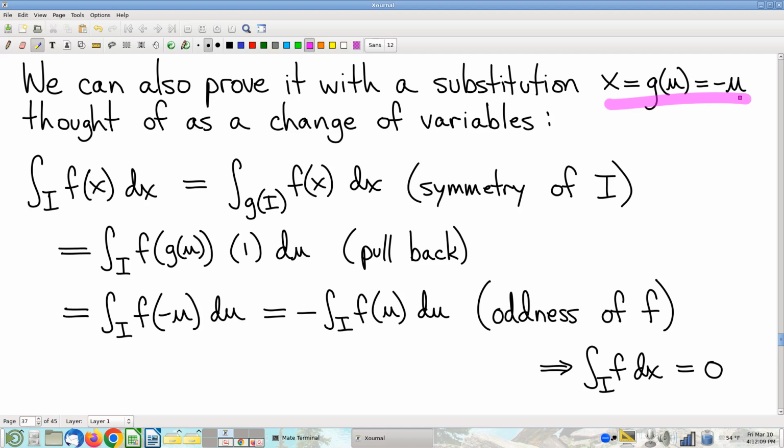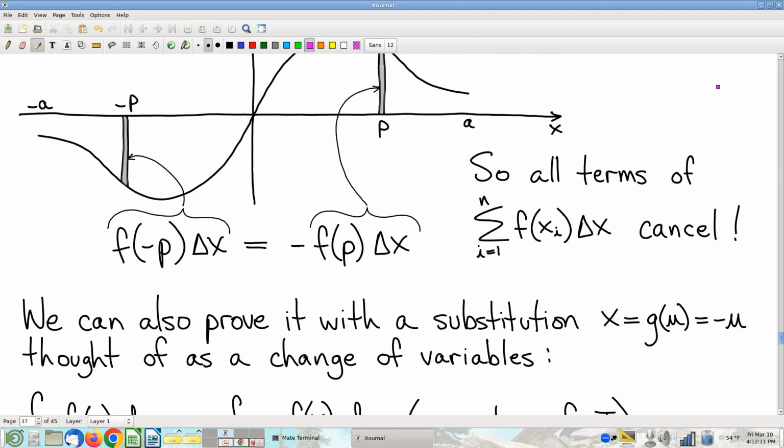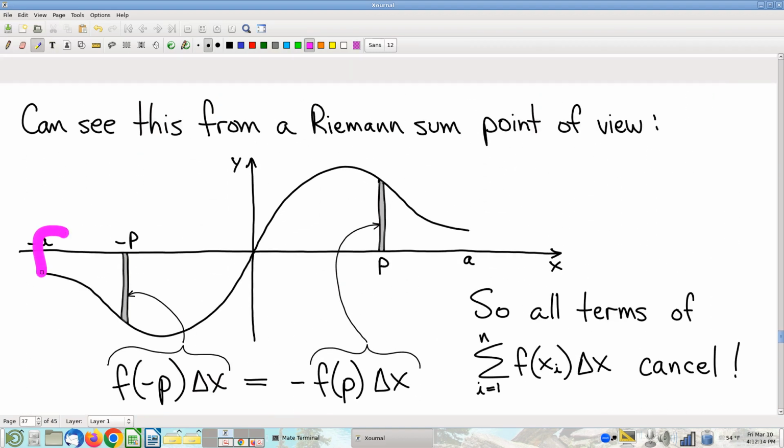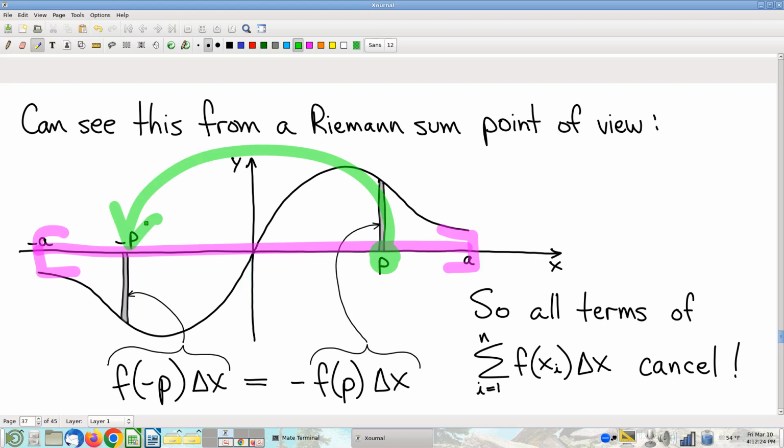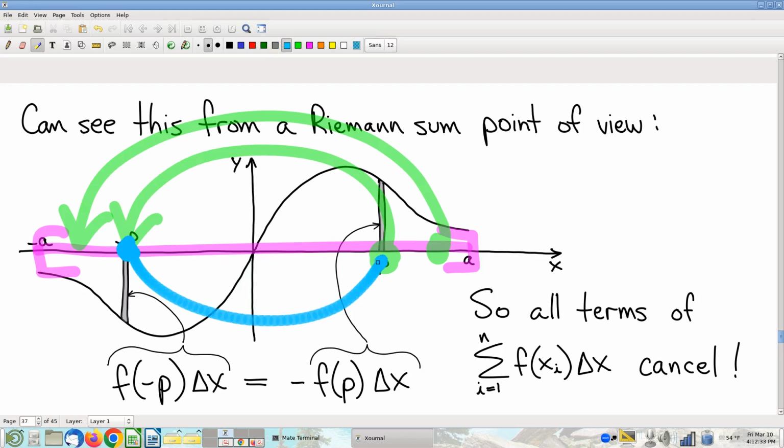Right? So now let's go up and look at this interval that we've got up here. We've got an interval from negative a to positive a. And let's think about what happens when I do that. If I take every point, I send over to its reflection. Every point goes to its reflection. But then likewise, every point over here goes to its reflection.